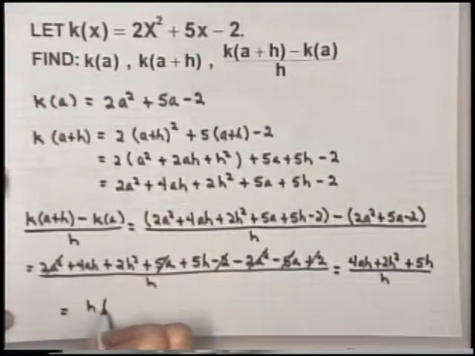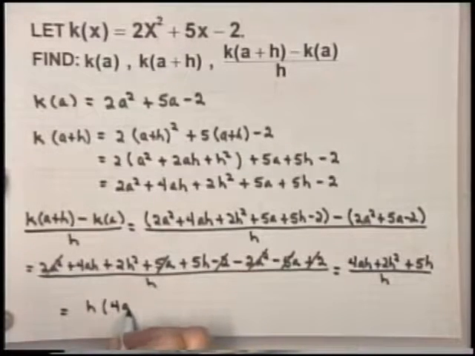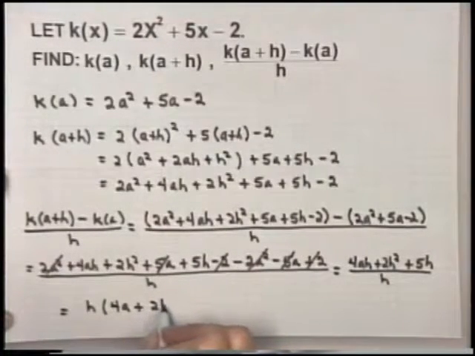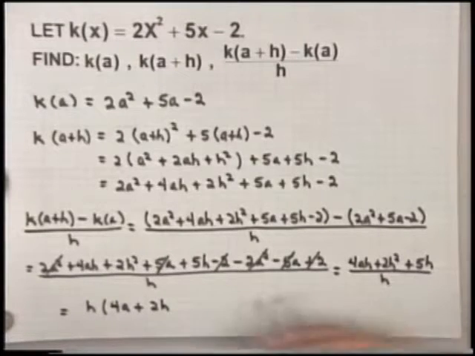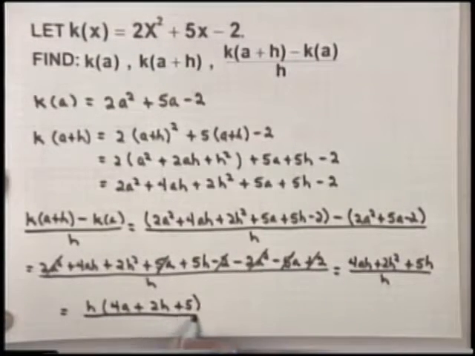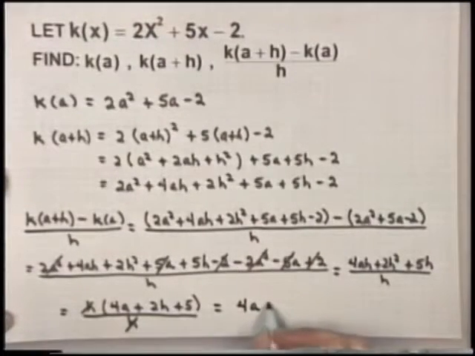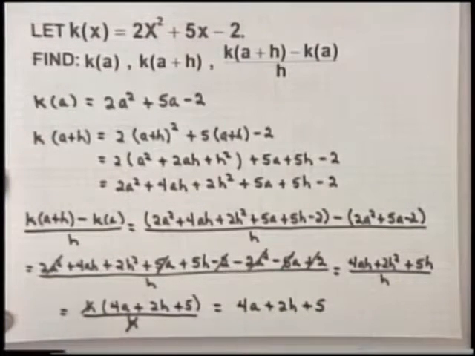If I factor an h out of the numerator, I have 4a plus 2h from the second term and plus 5. Again, this is all divided by h. Because I was able to factor this h out, I can now cancel these h's. And my final reduced solution is 4a plus 2h plus 5.